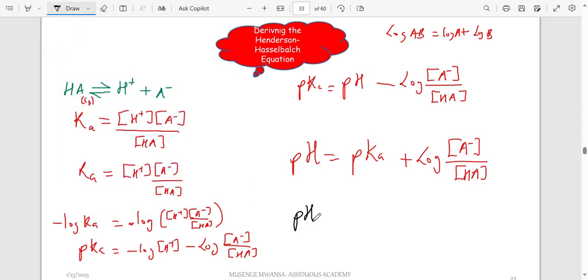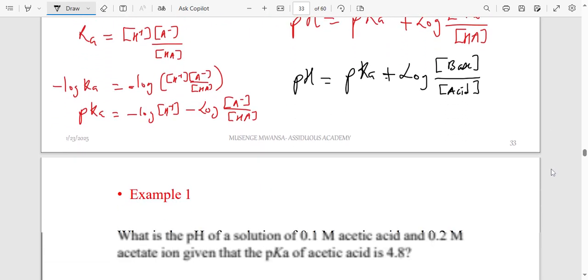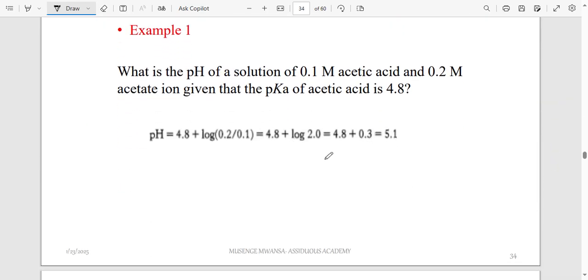Remember I told you that when you have conjugates of each other, the one that doesn't have a hydrogen is always the base. So pH is equal to pKa plus log of the conjugate base over the acid. That is the Henderson-Hasselbalch equation.